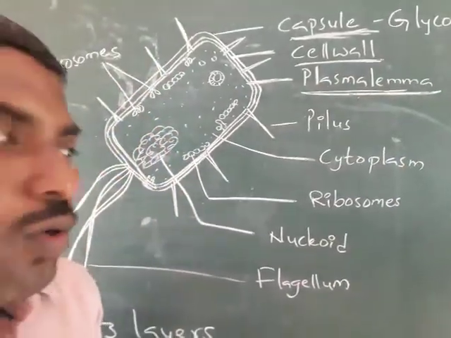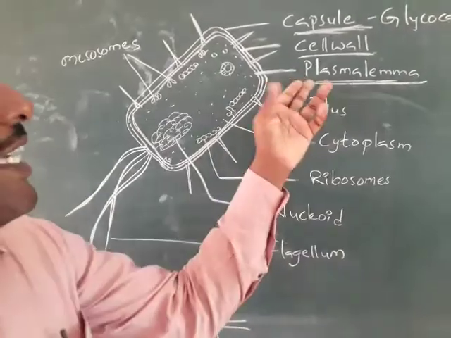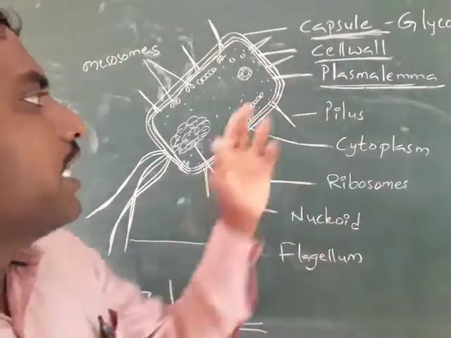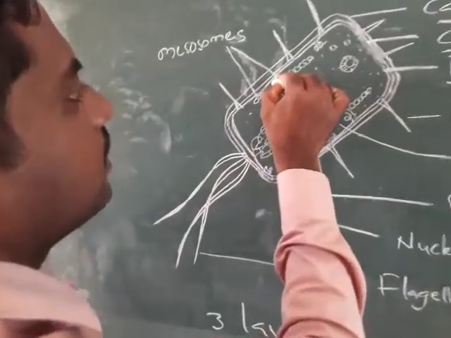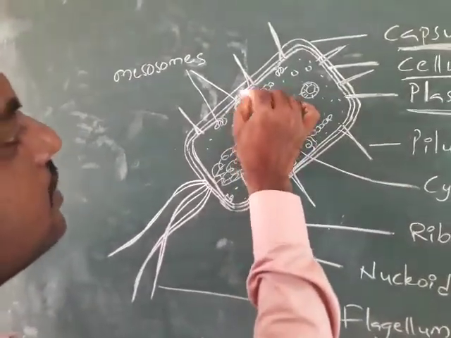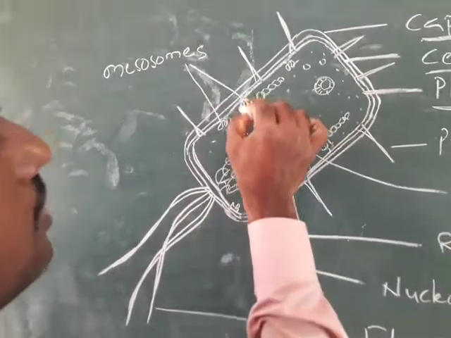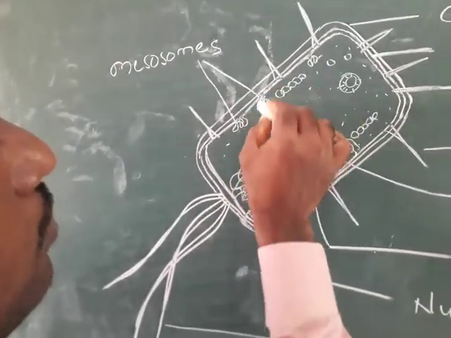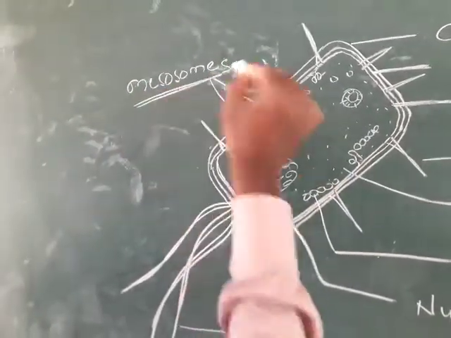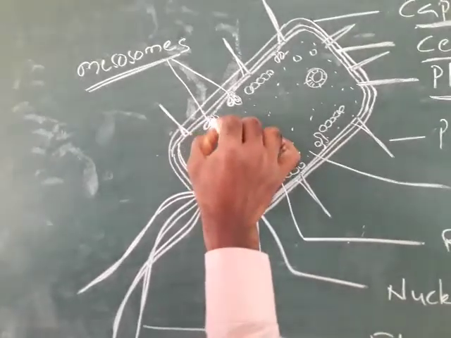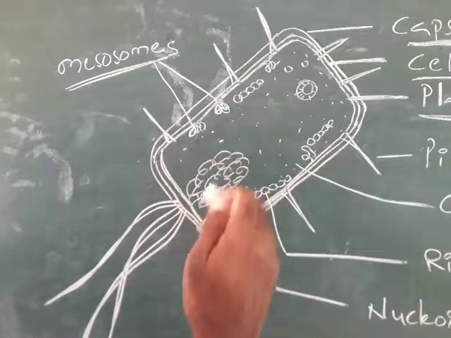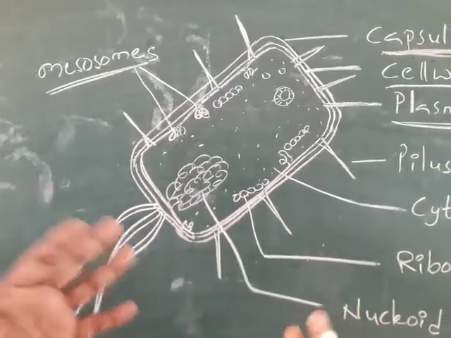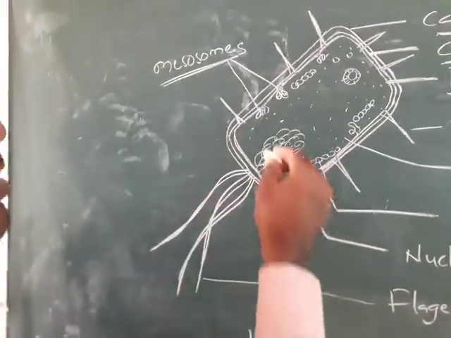And here it gives a lot of extensions. These extensions protrude into the cytoplasm. These are called mesosomes, the extensions of the plasma membrane.